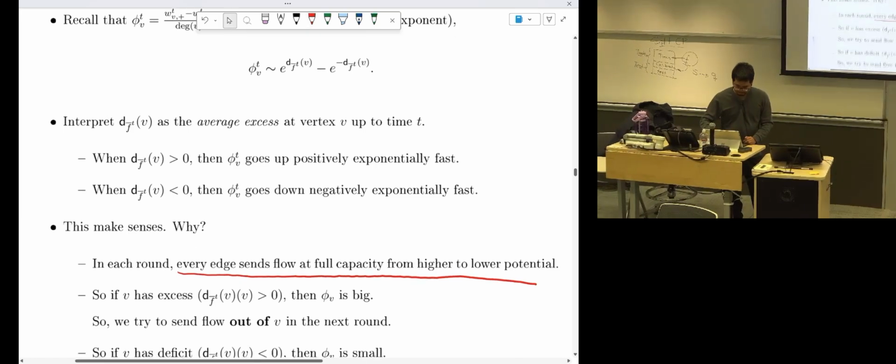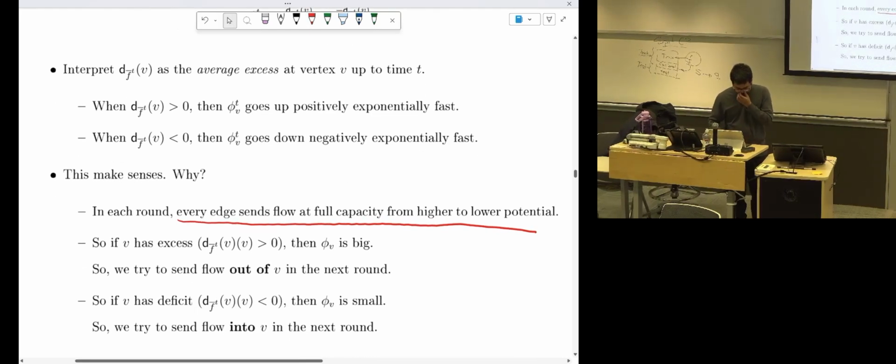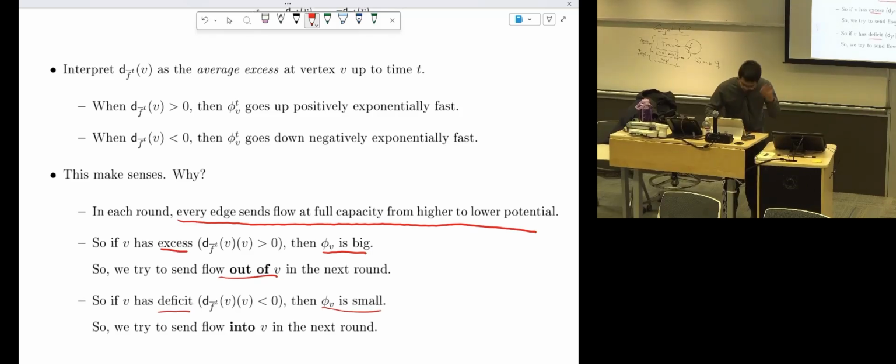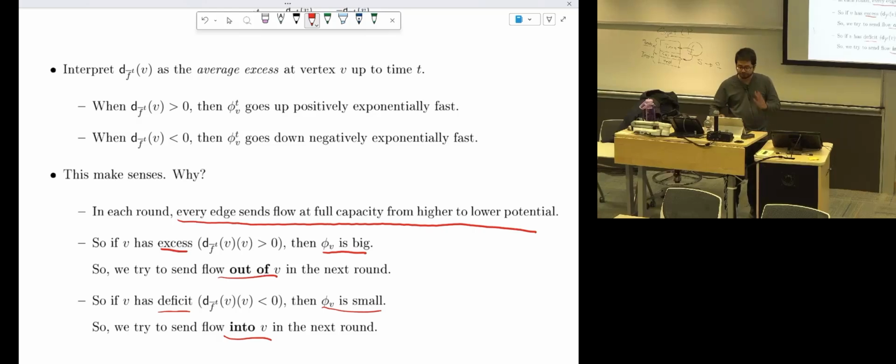Okay. So if it has excess, this thing is big, try to send flow out. If it has deficit, this is going to be small really fast, and it's going to try to get flow into it.